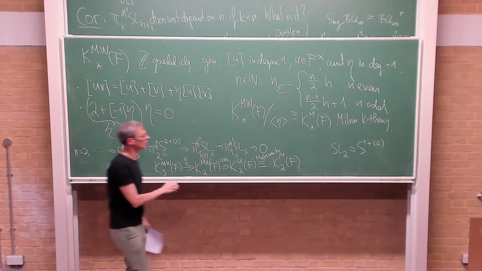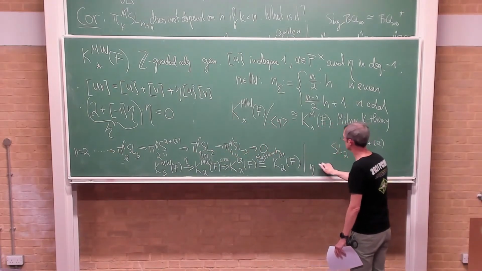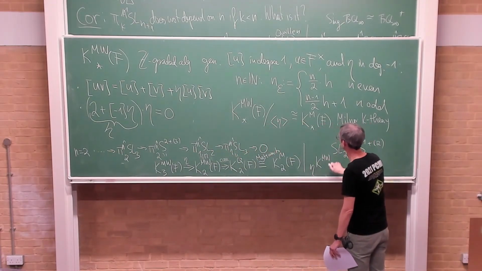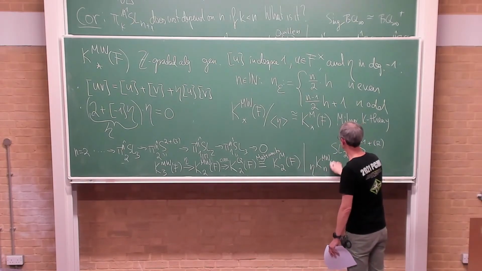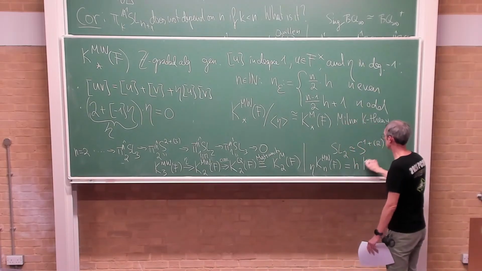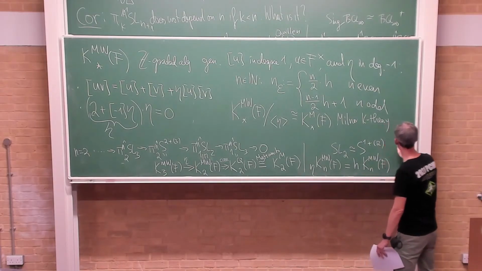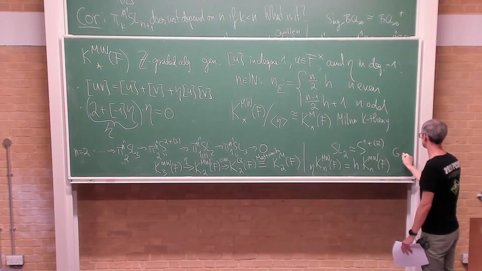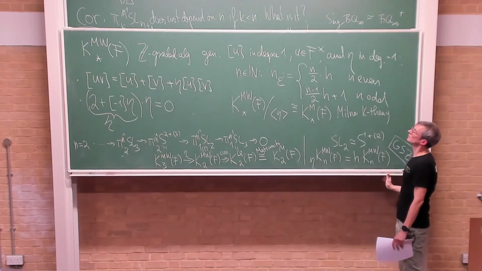So maybe let me write it here. The kernel of multiplication by eta is the same as the image when you multiply with the hyperbolic plane. Yeah, Gille, Scully, Chong.